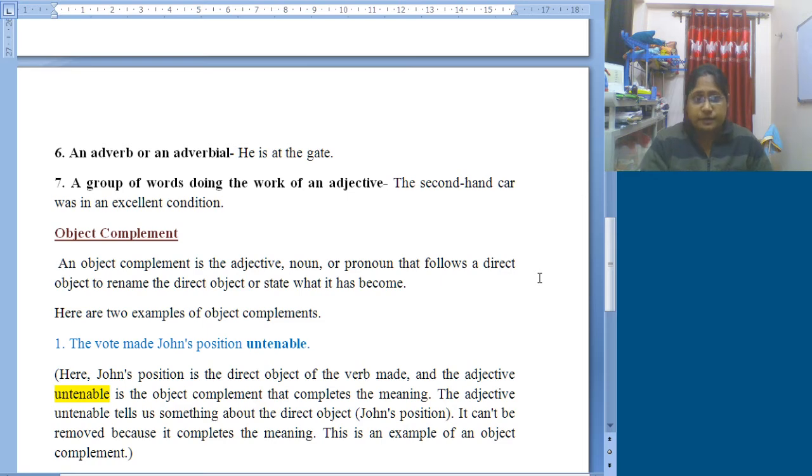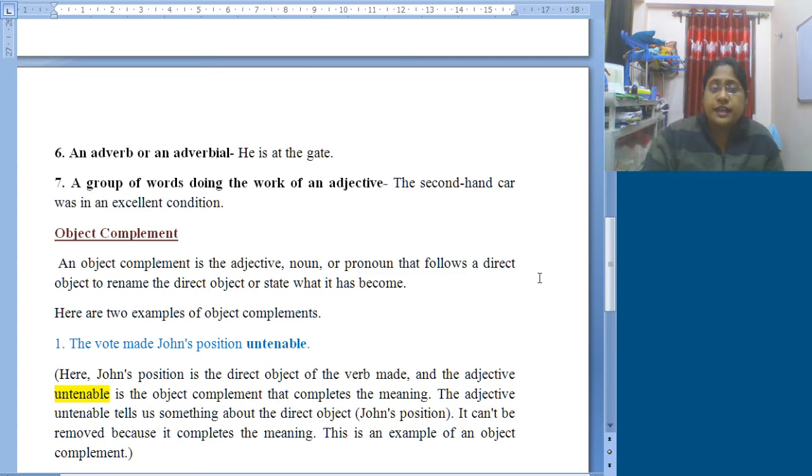Now, object complement. It is quite similar to the previous part. It is also an adjective, noun or pronoun that follows a direct object and helps to rename the direct object, or to make us understand what it has exactly become.